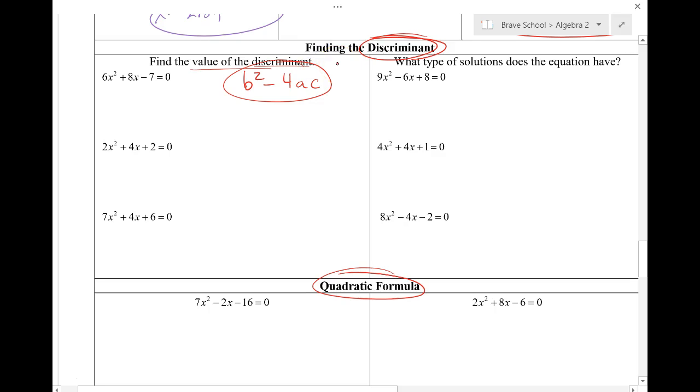Okay, so in this case, b is 8, so it'll be 8 squared minus 4 times a, which is 6, times c, which is negative 7. 8 squared is 64, and 4 times 6 is 24, times 7, let's do that on the calculator real quick.